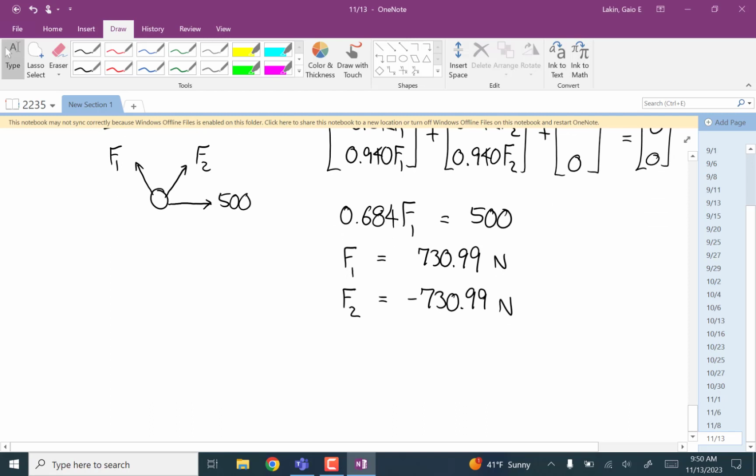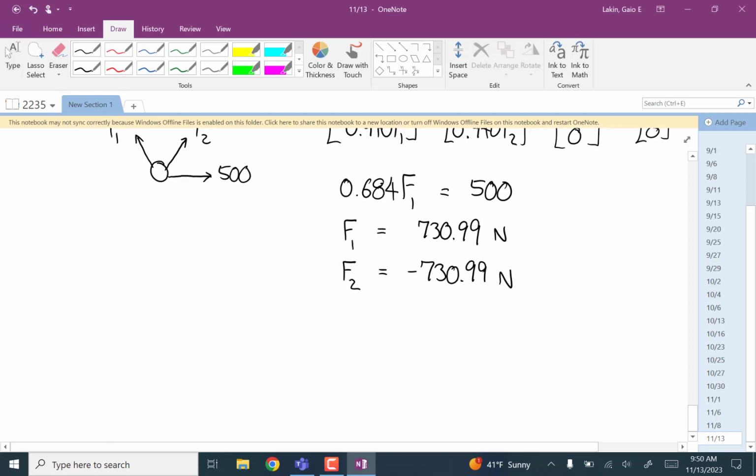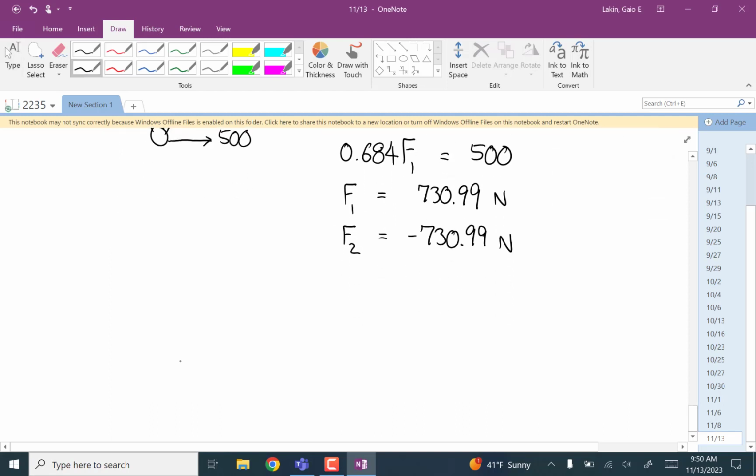Okay, so let's think about free body diagrams of each of these 2 bodies. So what does it mean that we get these values? Well, remember that we know a 2-force body just has forces along the line between the 2 forces.